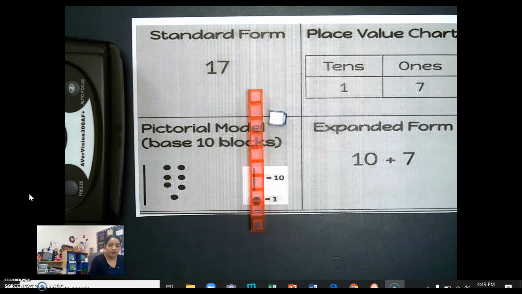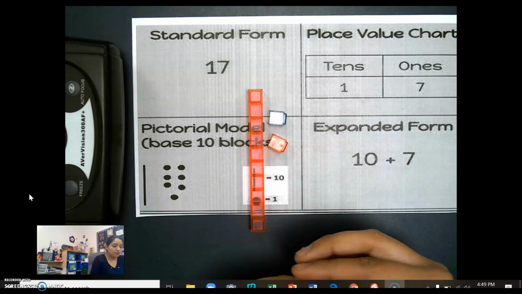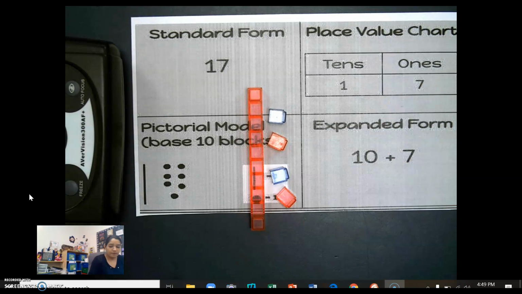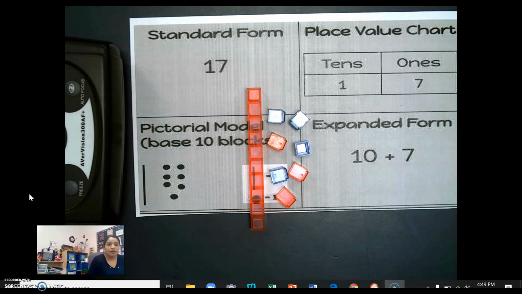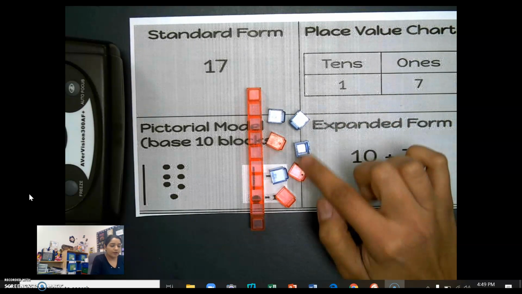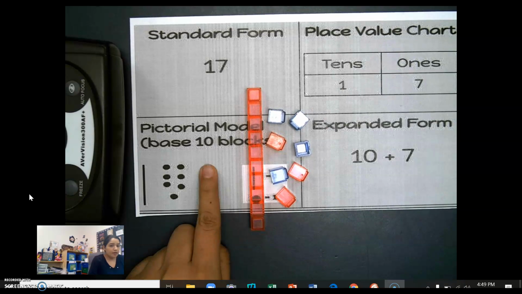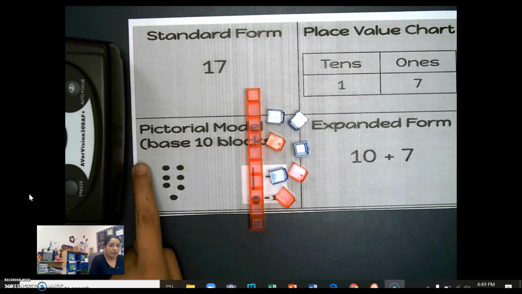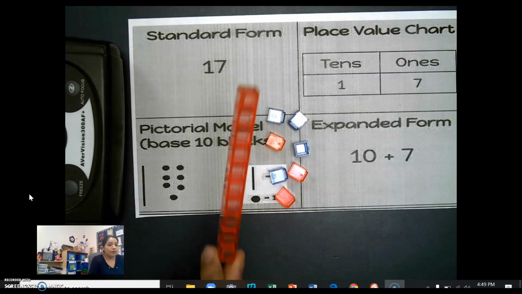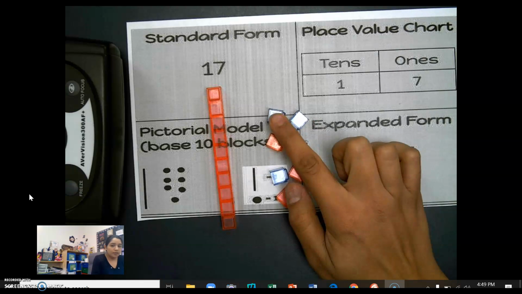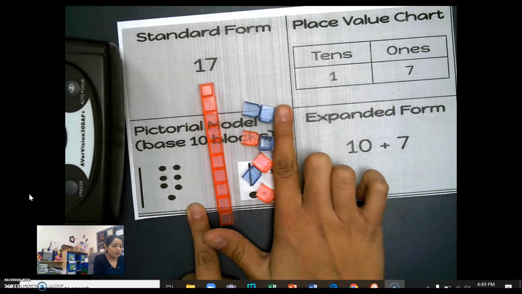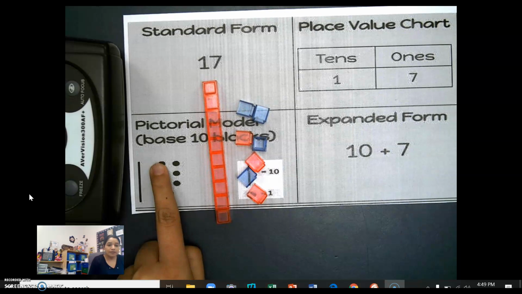So we have 1, 2, 3, 4, 5, 6, 7. Right here we're able to make 1 ten, which you can draw as a line. We have our ten block, the long, and then we have our ones. So we have 7 ones. That's why there's 7 dots here.